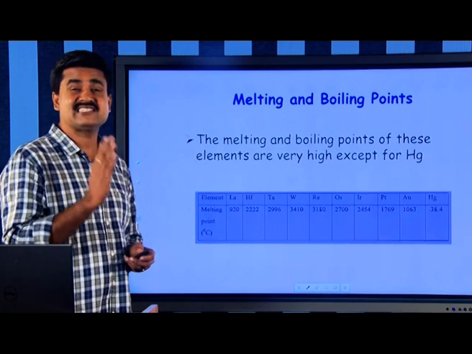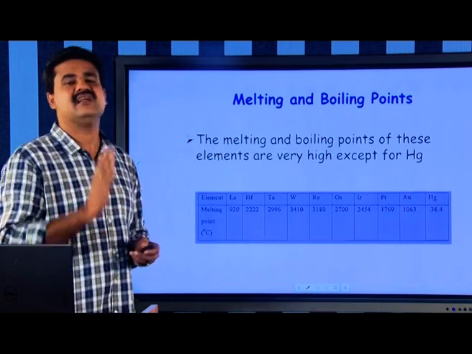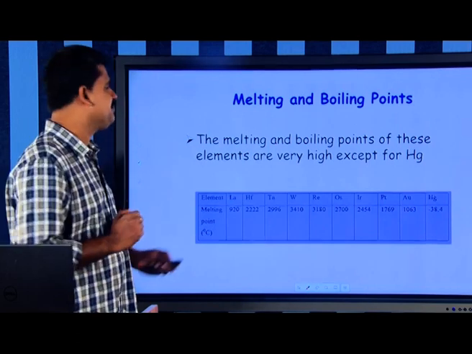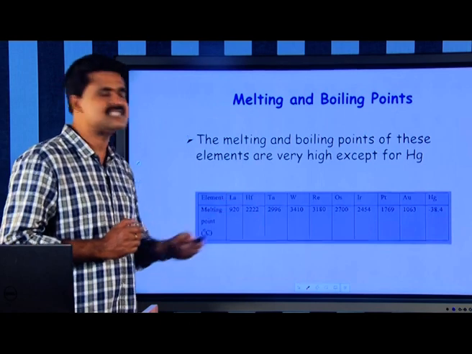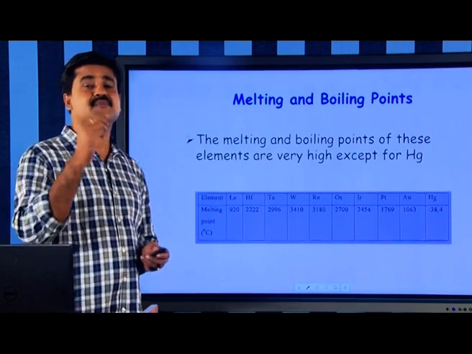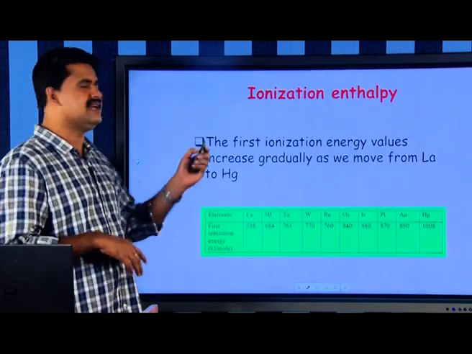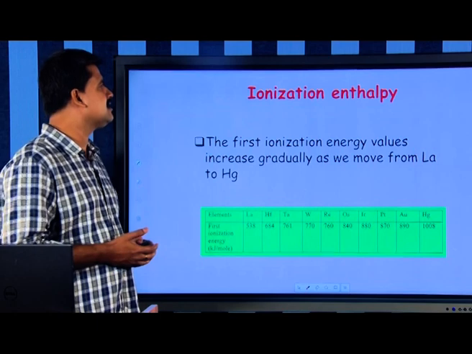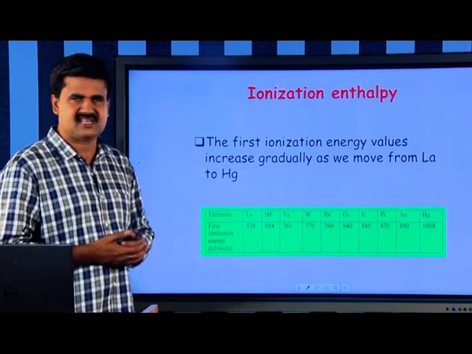That is the highest melting point for any metal in the periodic table. That made tungsten applicable in preparing the filaments of incandescent lamps.